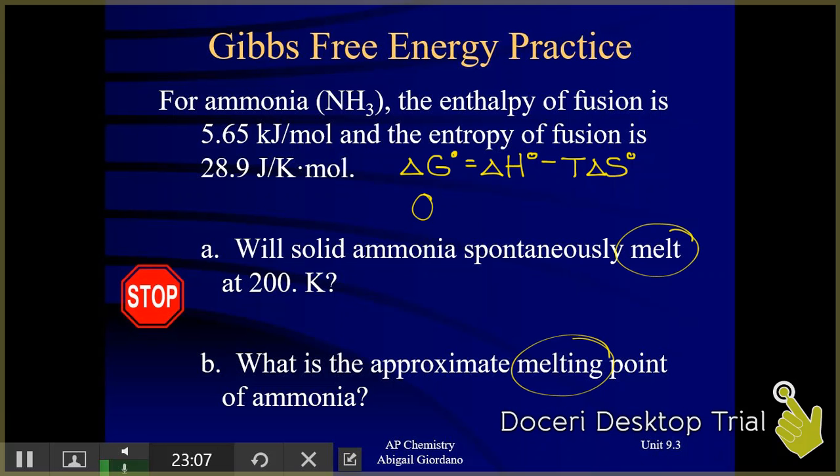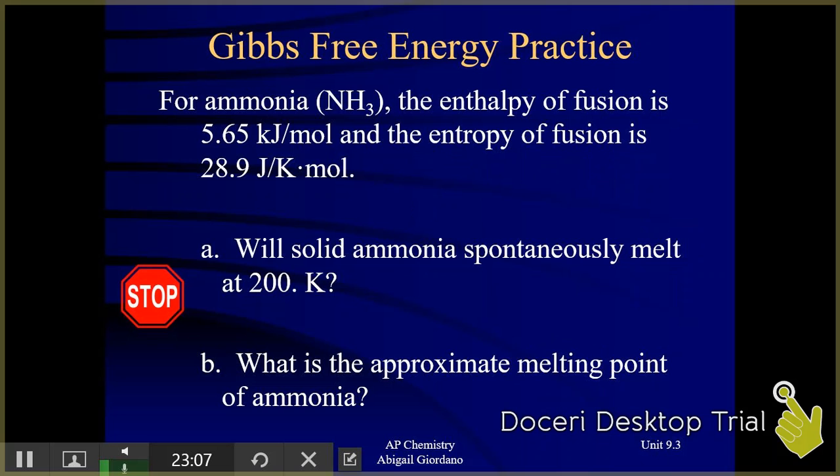So this is a big clue: if you're going through a phase change, and you may look at a problem and say, gosh, I'm missing a variable or two, if you're at the melting point or the boiling point or whatever, you're at equilibrium. That's just something to keep in mind.